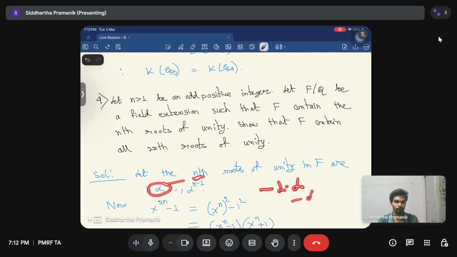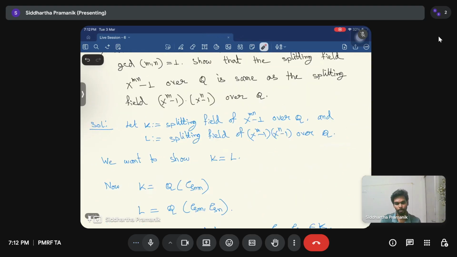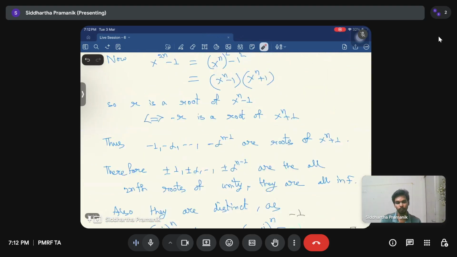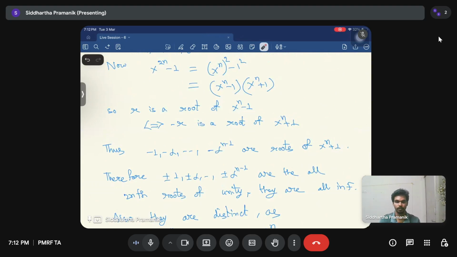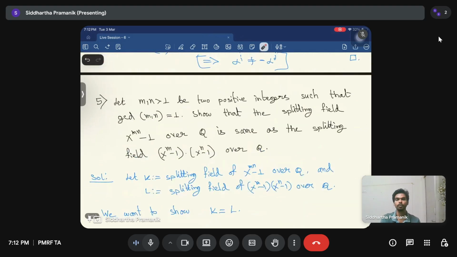So minus alpha will be a primitive 2nth root, and that is itself in F. So F must contain all 2nth roots of unity. We had done that just by using observations, but here in this problem we have done the more general case.